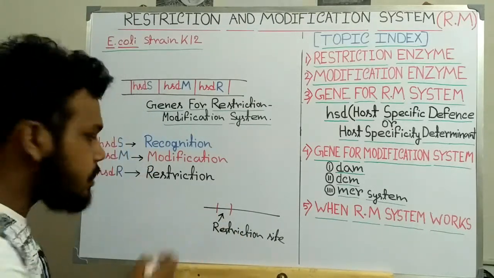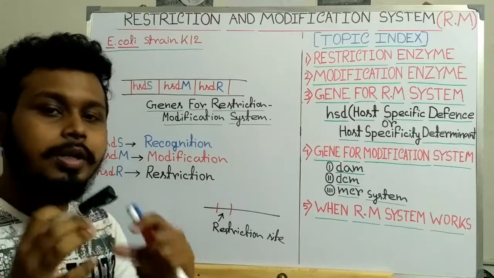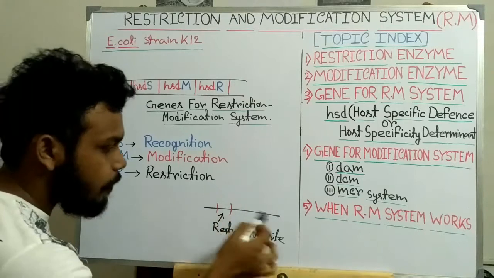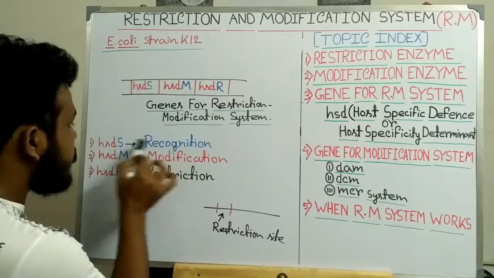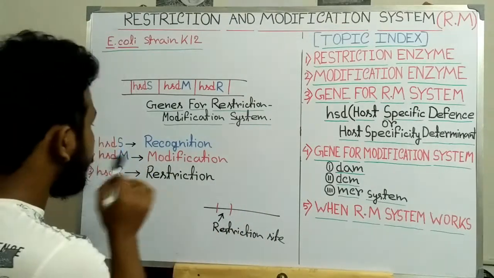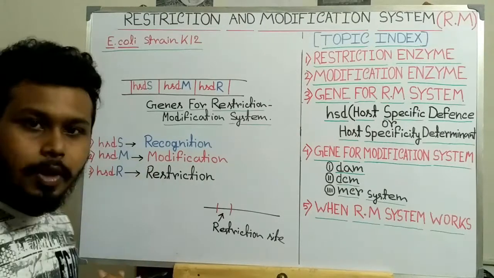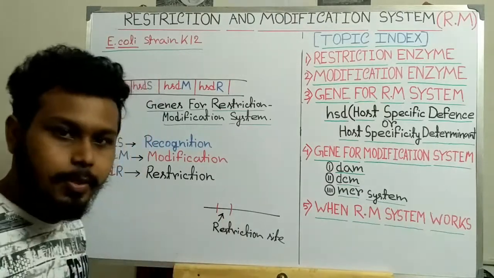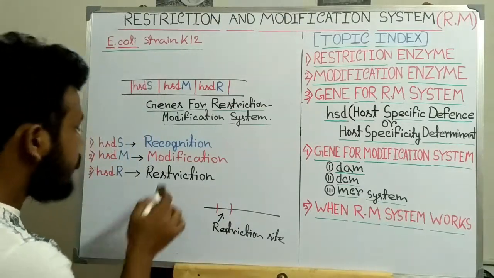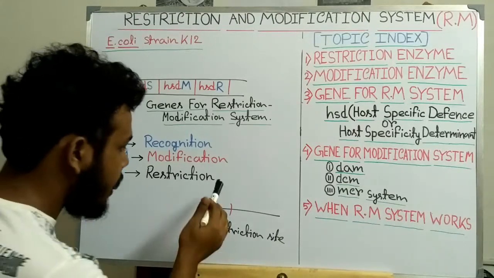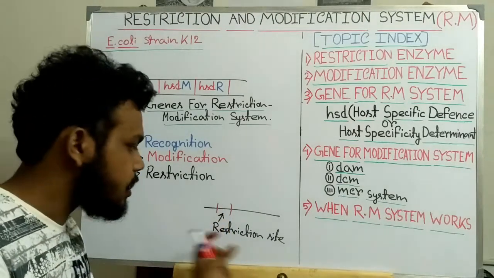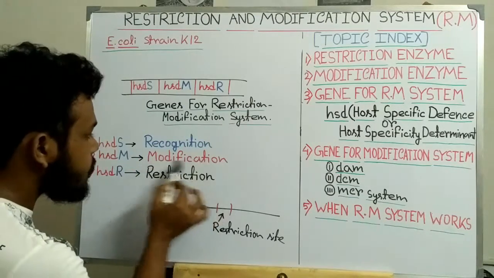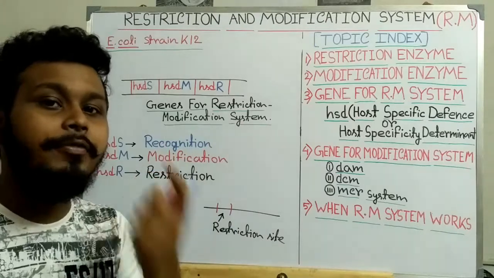In this case the restriction enzyme does not show its function, and if it is a foreign DNA, then the HSDS gene product at first recognizes a particular sequence, that is the restriction site, and then the restriction enzyme comes and cuts this DNA in the restriction site. In this case, for foreign DNA, the modification system does not show any function.